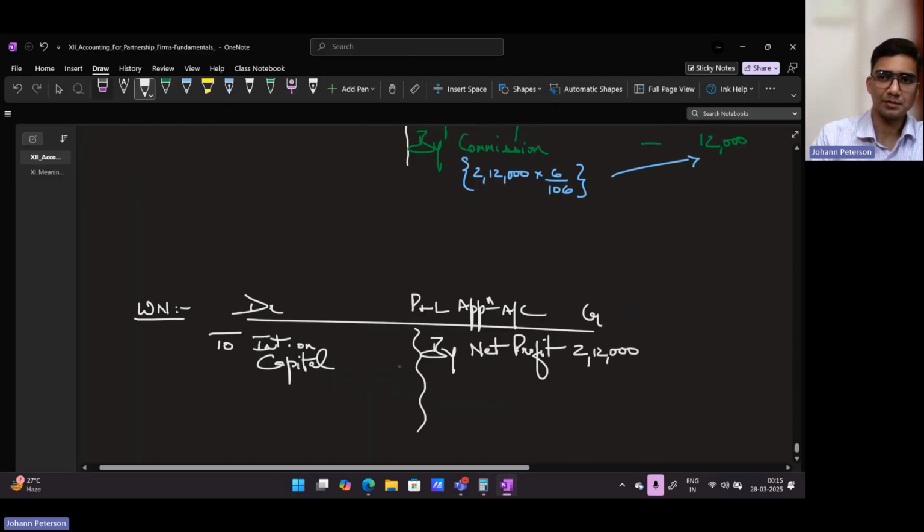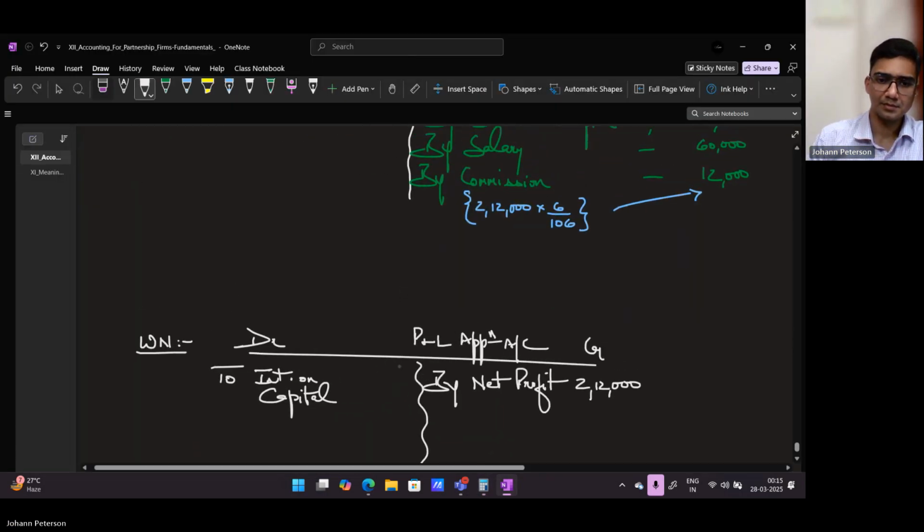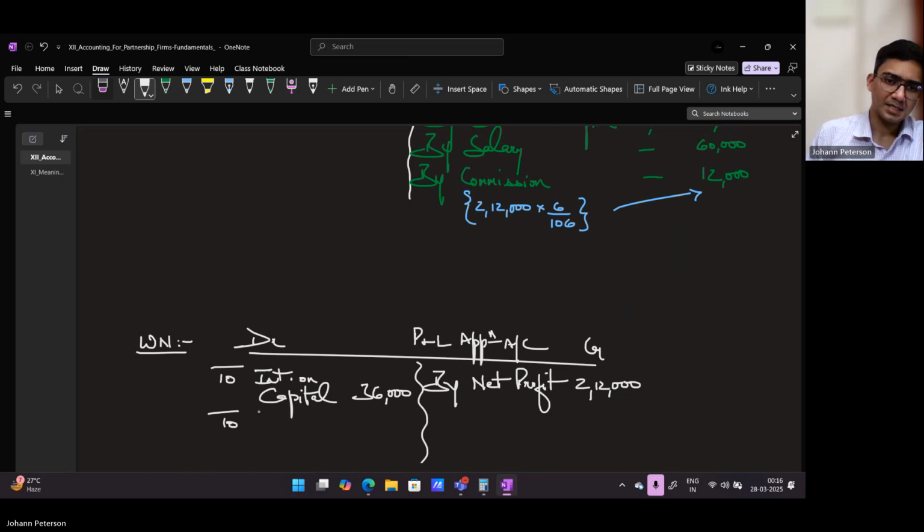So we will write the whole amount here. Then to salary, here we write 60,000. Then commission, the amount is 12,000.